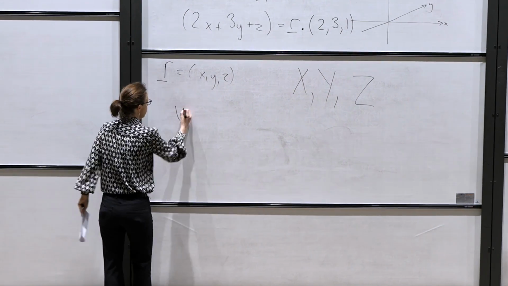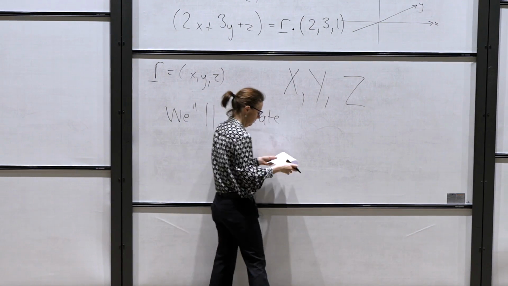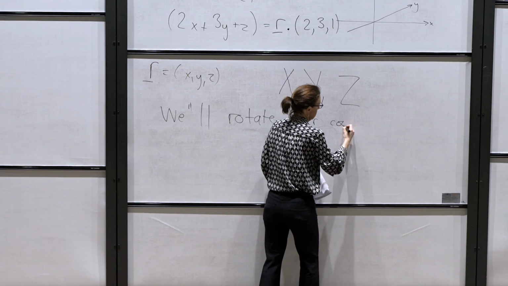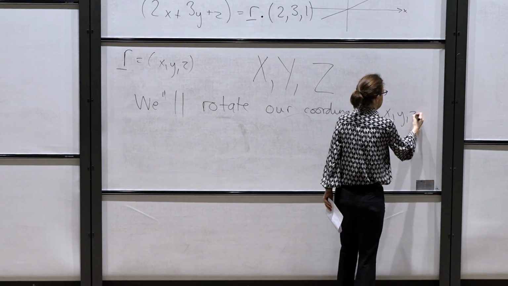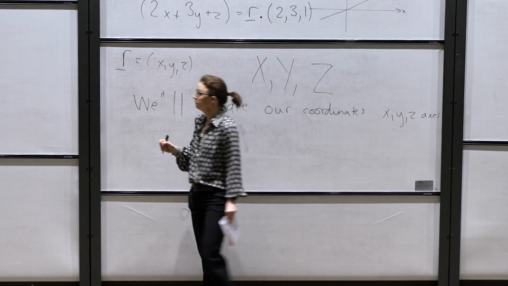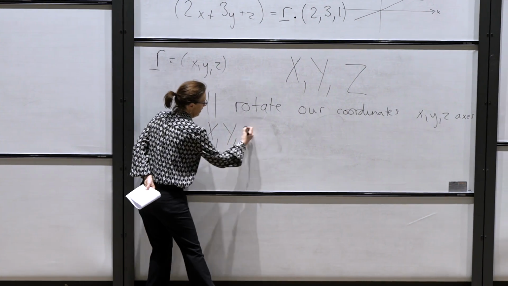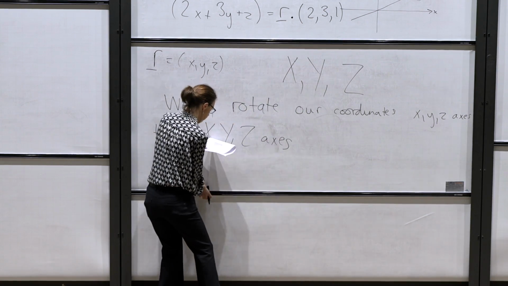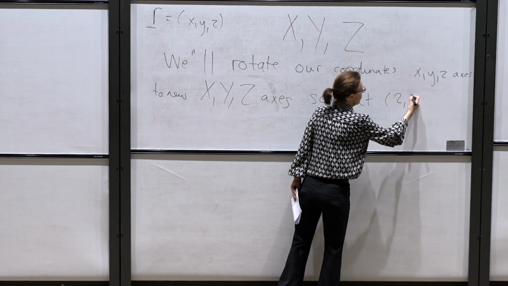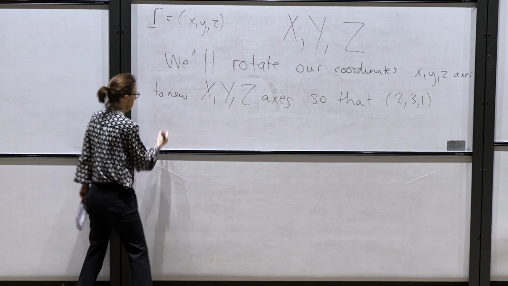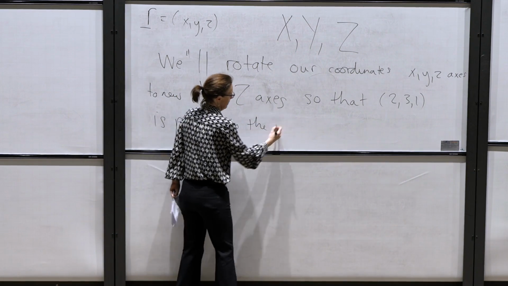So what we're going to do is rotate our coordinates, so the original x, y, z axes, to new big X, big Y, big Z axes, so that this vector that I've identified, the 2, 3, 1, is parallel to the big Z axis.